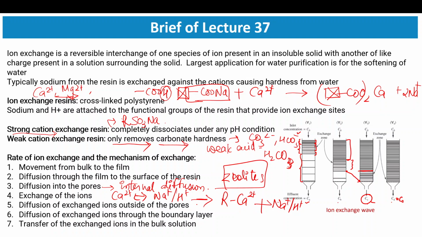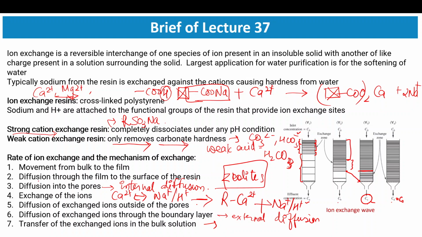So now the Na plus has released, so it will move out of the pores, which is again internal diffusion. Once it has moved out of the pores, it needs to come out of the boundary layer, which means external diffusion it has to overcome. And last is the transfer in the bulk solution, so as to have uniform concentration.